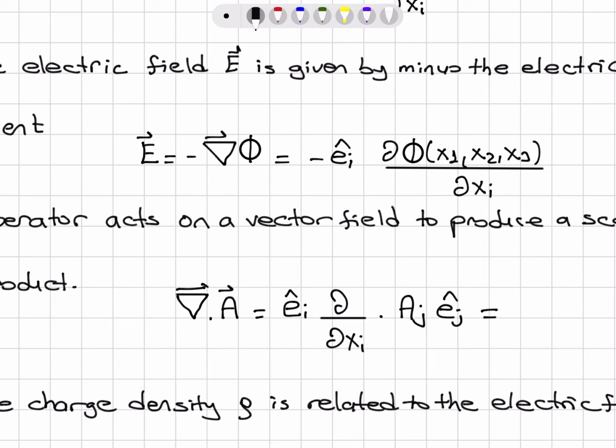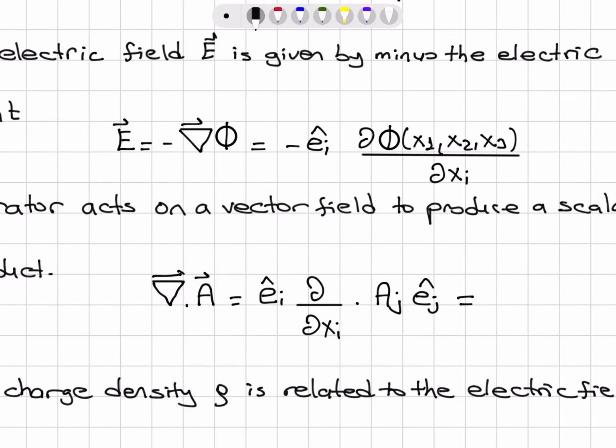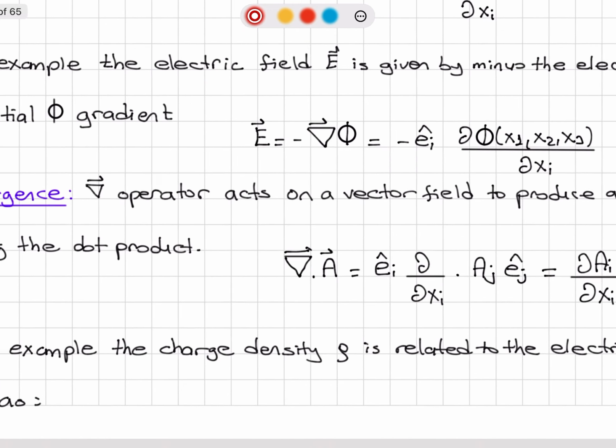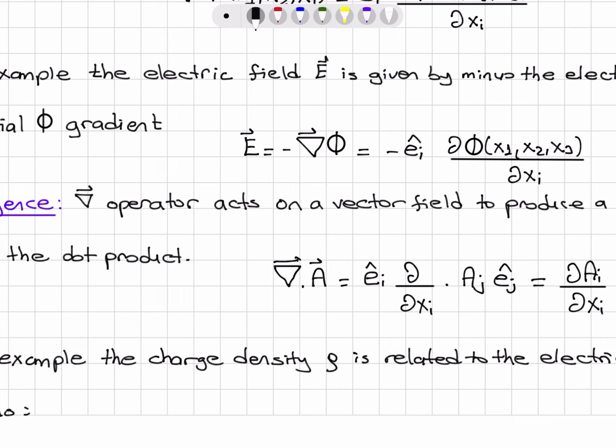So ei hat dot ej hat is equal to 1 when i is equal to j. So this is the partial derivative of the ith component of vector A with respect to xi. And here I also have a summation. For example, the charge density is related to the electric field as rho is equal to epsilon 0, permittivity of free space, times the divergence of the electric field.